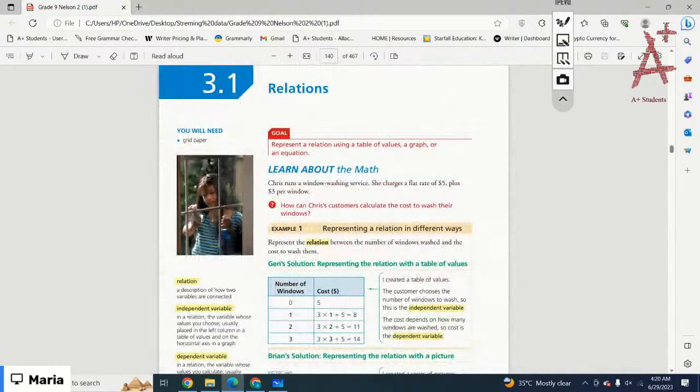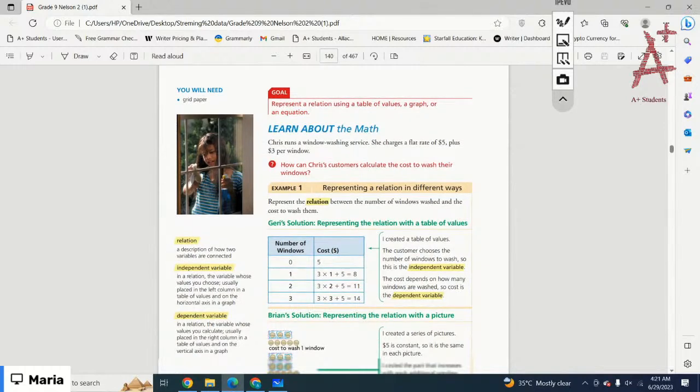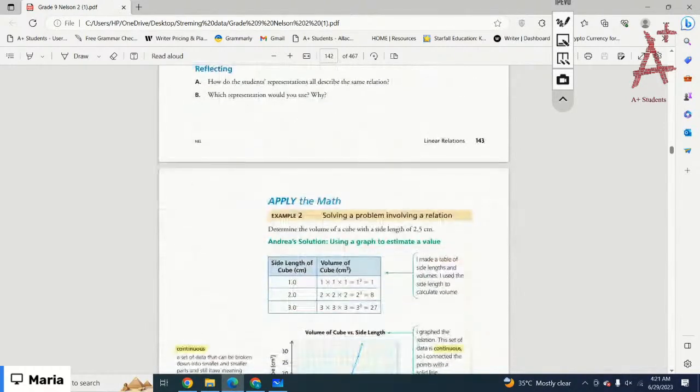So basically, if two people are connected, okay, let's just move on to practice questions.